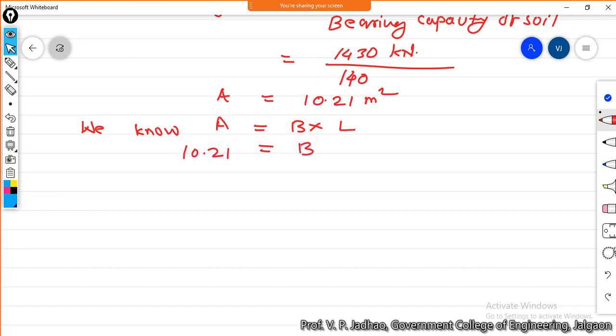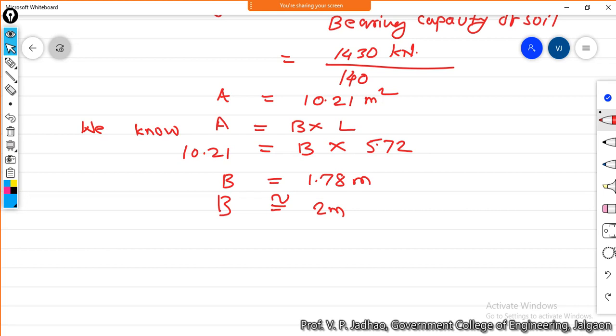We don't know the width of footing B, but we know the length of our footing, 5.72 meter, which we have already calculated. Therefore we get B, the width of our footing, equal to 1.78 meter. Now let us consider this approximately equal to 2 meter. We consider this width of footing B is equal to 2 meter.